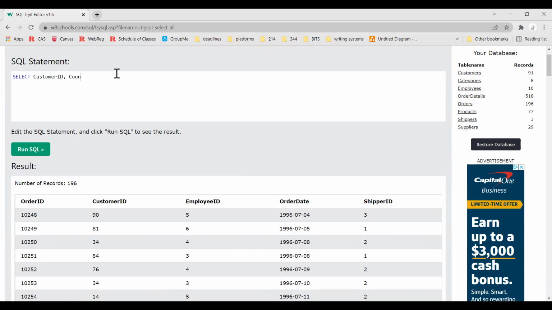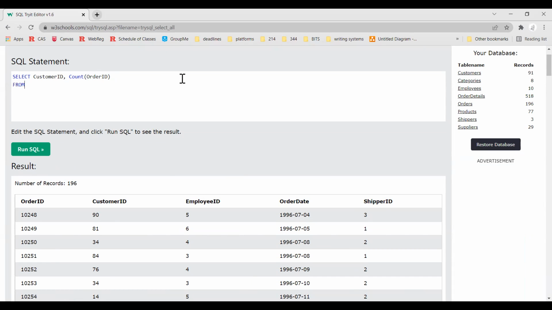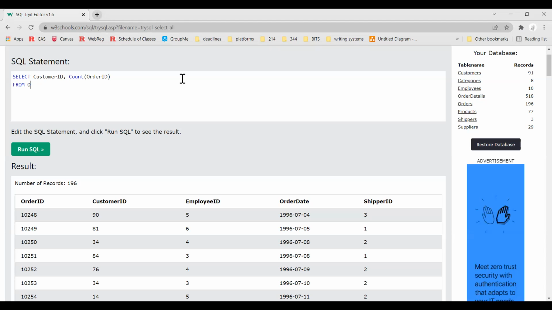And we want to count. I lowercased that, whatever. Okay, look at me, totally screwing up this capitalization. All right, from orders.